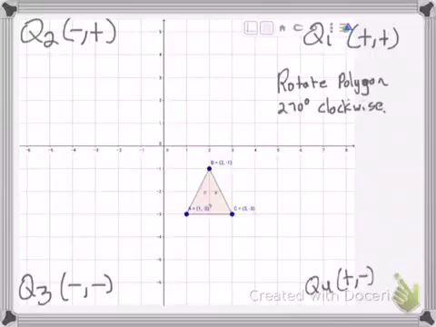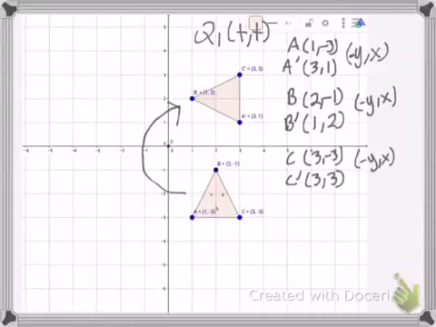And give me the coordinates after the rotation. Right here, when we look, it's been rotated. We see A and A prime. We see that the X and Y have been swapped. 1, negative 3 became 3, 1. And the Y value that moved to the front became a negative.